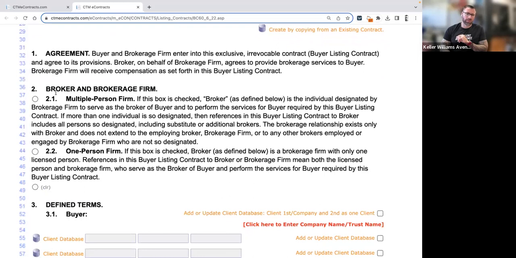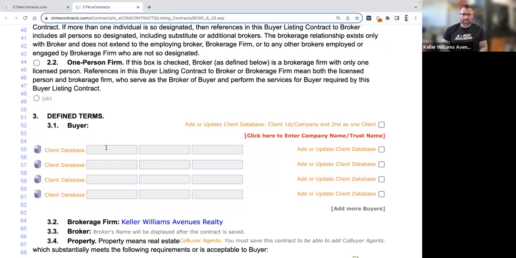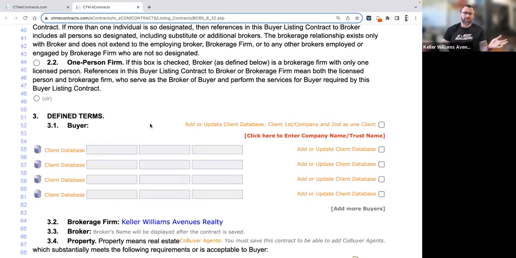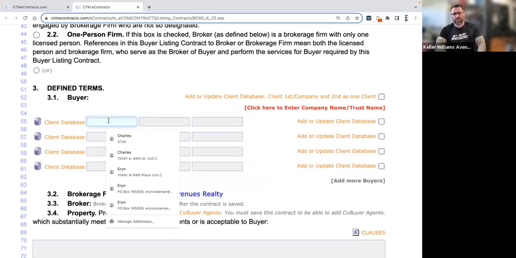So we're going through, and you're all here at Keller Williams Avenues Realty. So you are part of a multiple person firm, and that's going to be the box that we check. Then as we're going through, we are going to put in our buyers' names. Whatever your buyer's name is, that's what you're going to put.